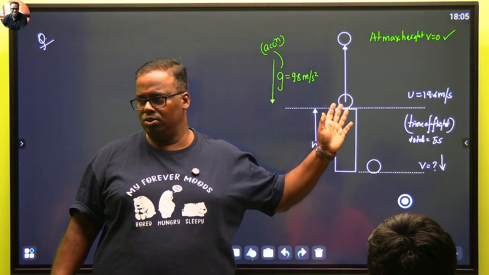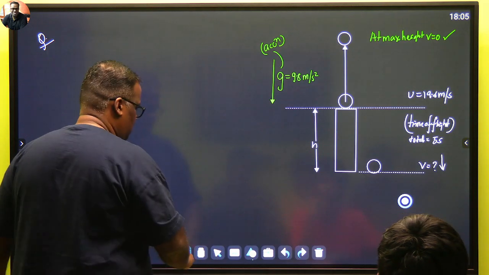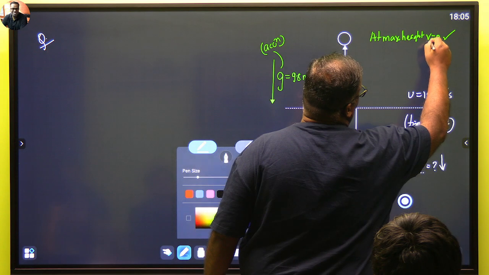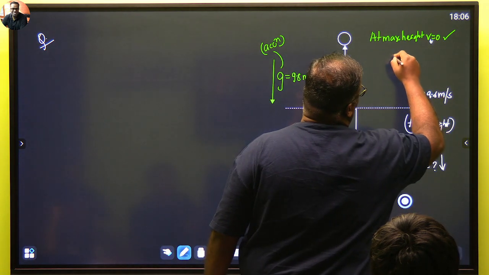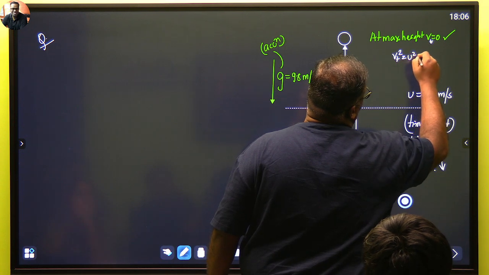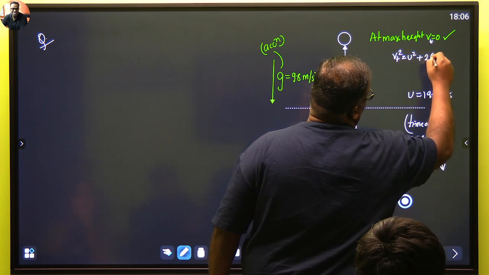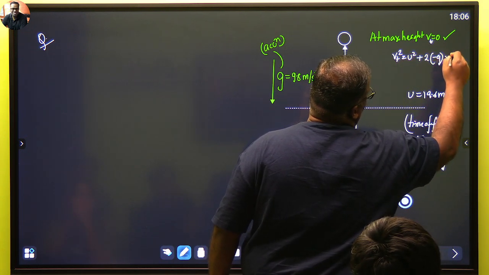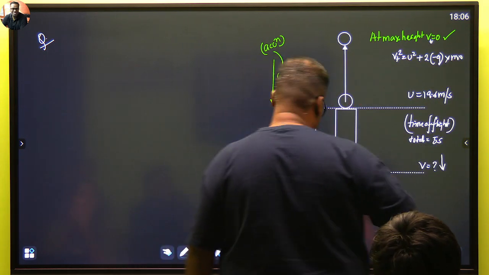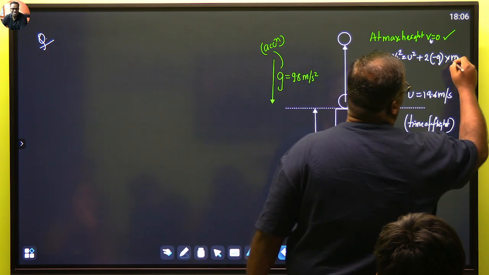He will use the equation v squared equals u squared plus 2g, g always negative, into the max height.